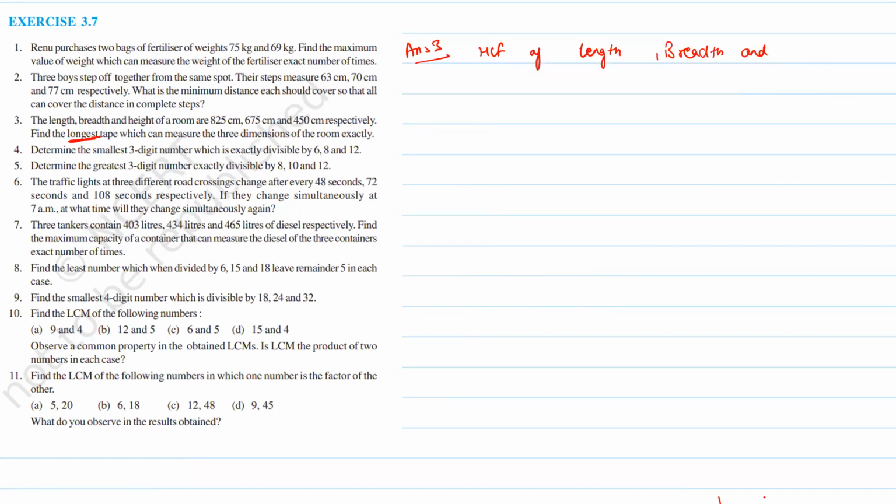We will write 825, 675 and 450. 825 can be written as 3 into 5 into 5 into 11. 675 can be written as 3 into 3 into 3 into 5 into 5. 450 can be written as 2 into 3 into 3 into 5 into 5.